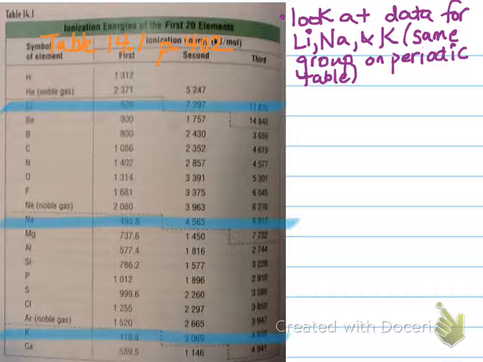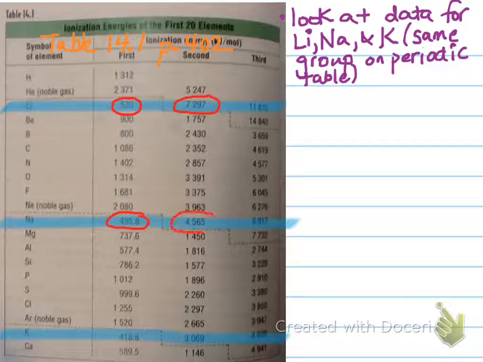And what you want to notice is that here we have 520 kilojoules per mole to a jump of 7,297 kilojoules per mole. For sodium, our first ionization energy to remove the first electron is 495.8 kilojoules per mole.